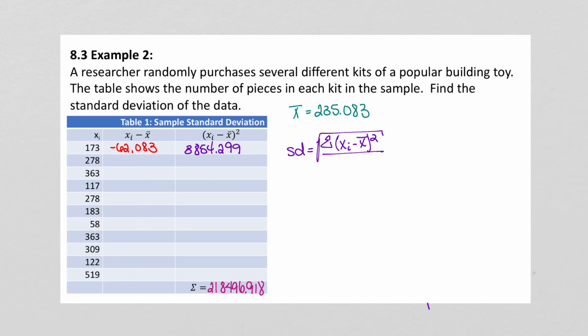Sum of the square of the differences over n minus 1 if it's a sample, and just N if it's a population. And this does say it's a sample, so it's N minus 1. So the sum of those differences we would put up top.